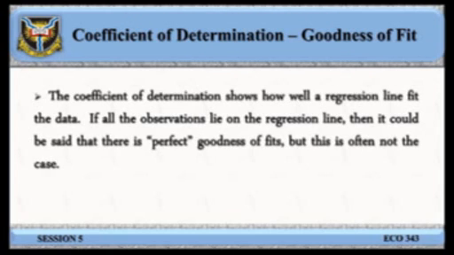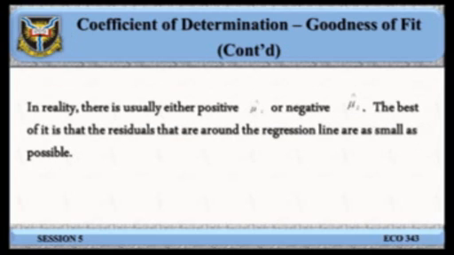Coefficient of determination, goodness of fit. The coefficient of determination shows how well a regression line fits the data. If all the observations lie on the regression line, then it could be said that there is perfect goodness of fit, but this is often not the case. In reality, there is usually either a positive μi estimator or a negative μi estimator.